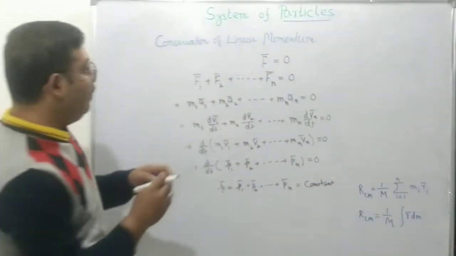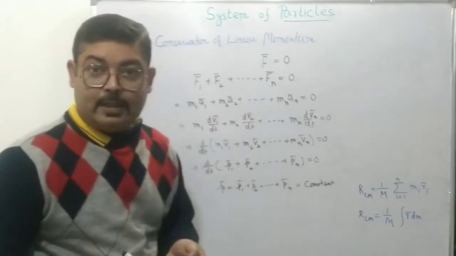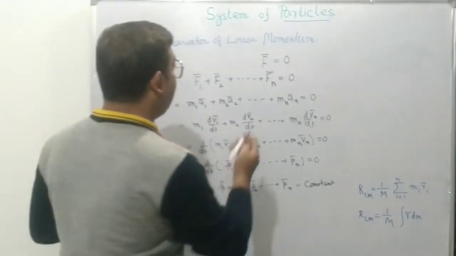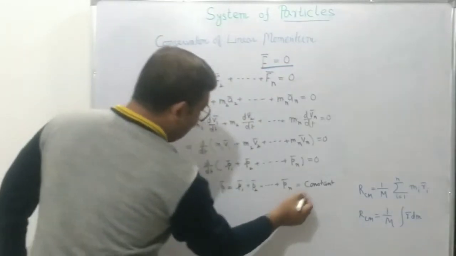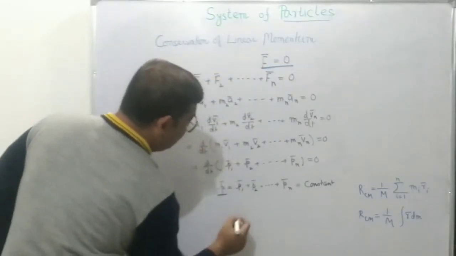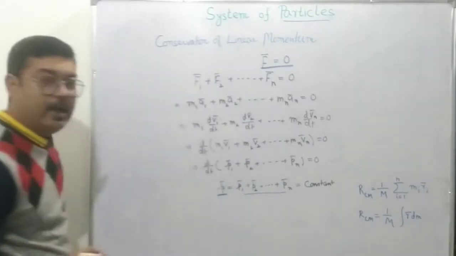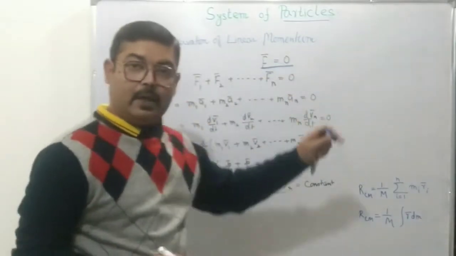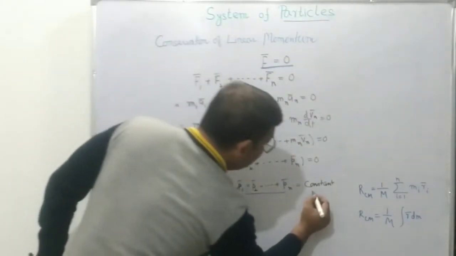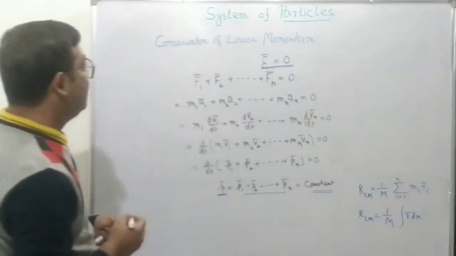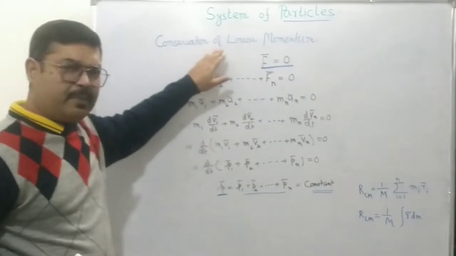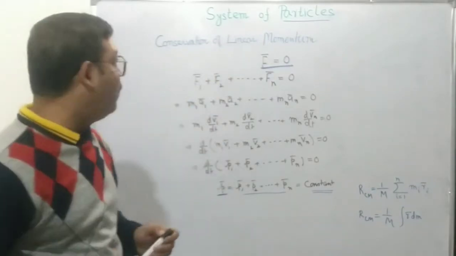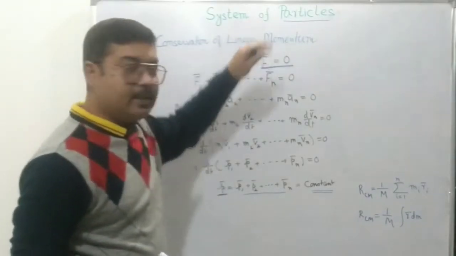Which means, if the net external force acting on a system of particles is 0, then the net linear momentum, that is the sum of the linear momenta of all the particles of the system, will remain constant or conserved. This is nothing but the statement of conservation of linear momentum for a system of particles.